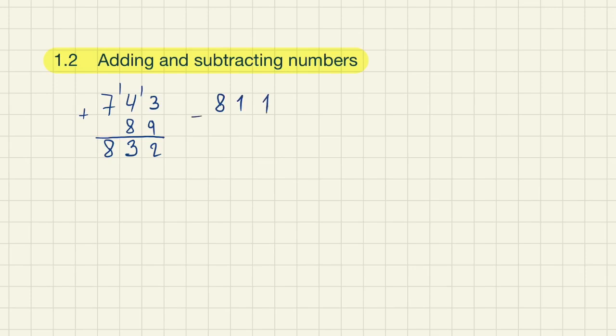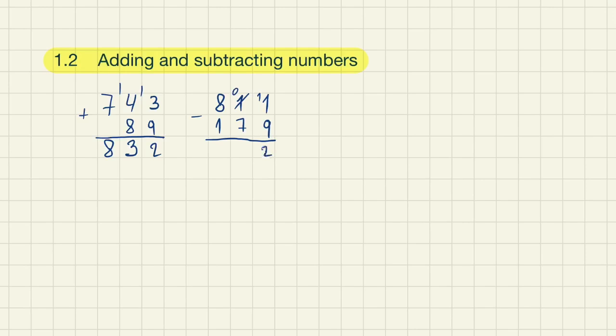Let's say we do a subtraction. 811 minus 179. Again, we start from the right, we start from here, and then we go like this. 1 minus 9, we have to borrow 1 from here. So 11 minus 9 is 2.